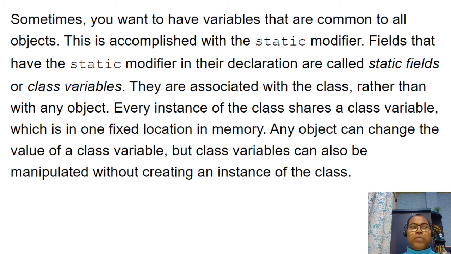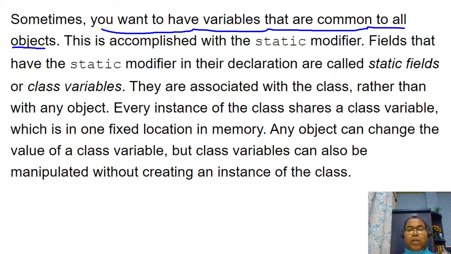Sometimes you want a variable that is common for all the objects, so we make that particular field static. If you want this variable common for all the objects of this class, this is accomplished by the static modifier, just marking those variables as static.